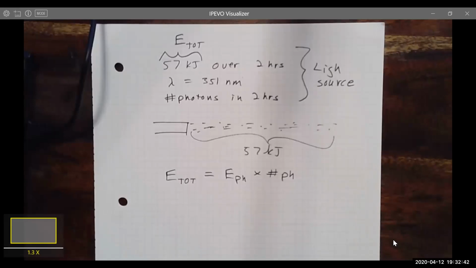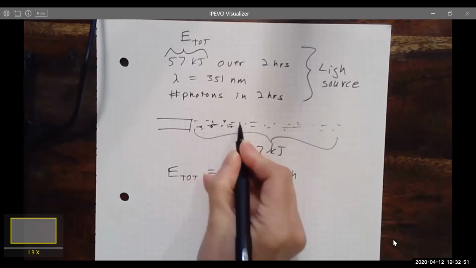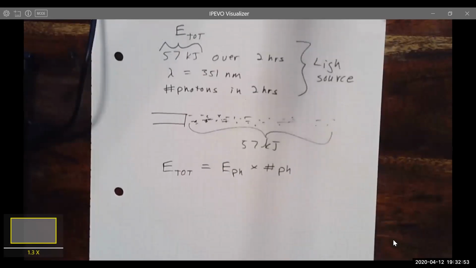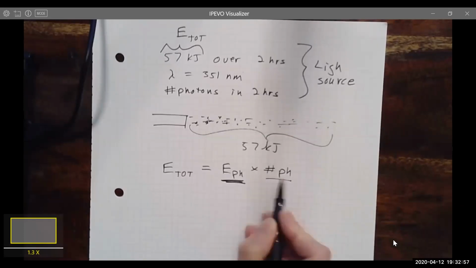It's just common sense. If the source's energy is due to a lot of little particles, and you know the energy of each and multiply by how many there are, you'll have the energy total.